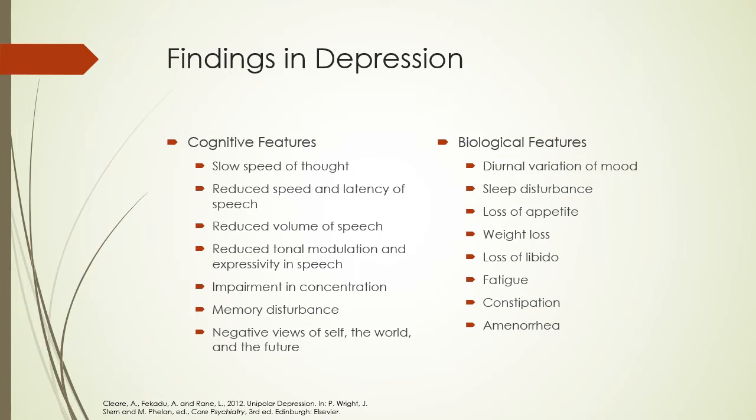There is reduced volume of speech. There is reduced tonal modulation, which means the natural variation in the rise and fall of the tone when you are talking is reduced in a person with depression. So you will usually find them in a monotonous tone.